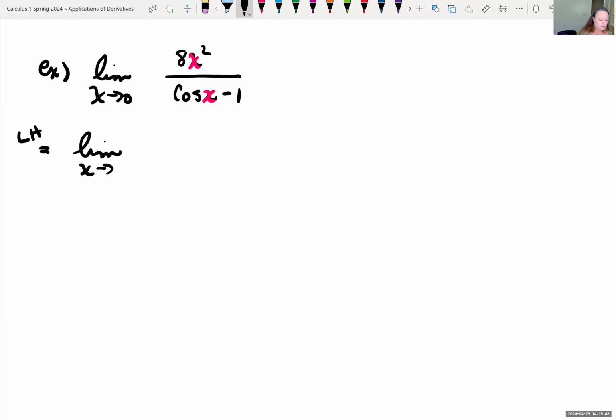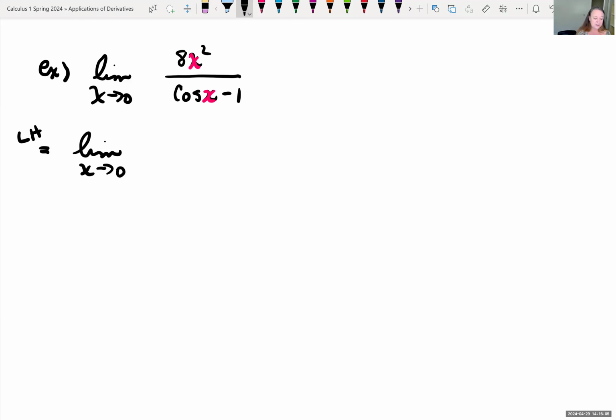L'Hopital's rule says we're going to just take the derivative of the numerator divided by the derivative of the denominator, and then we're going to look at the limit. I just want to make sure you realize you're not using the quotient rule here when you're taking the derivative. It's just the derivative of the numerator divided by the derivative of the denominator.